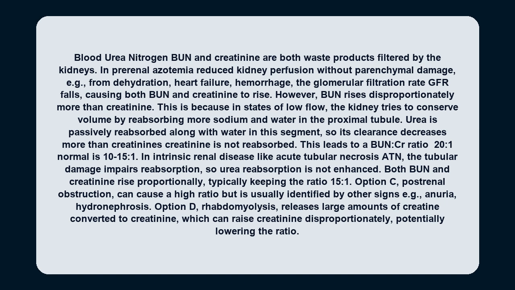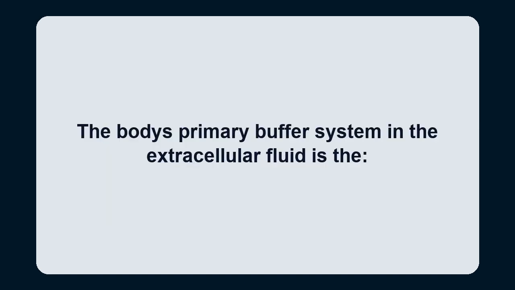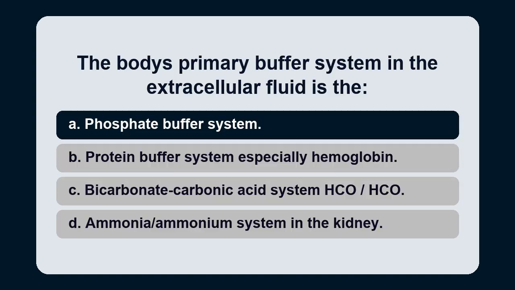Option D, rhabdomyolysis, releases large amounts of creatine converted to creatinine, which can raise creatinine disproportionately, potentially lowering the ratio.